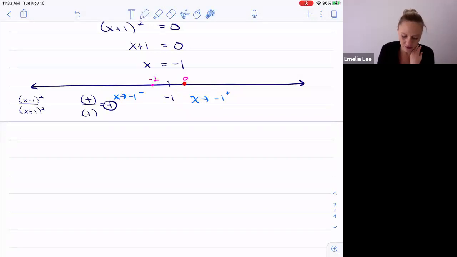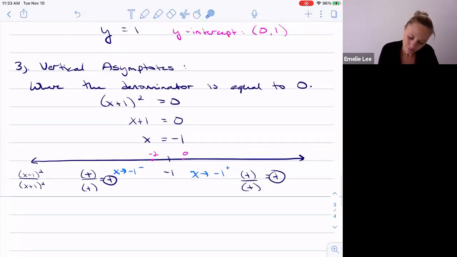Same thing over here. If I use 0, 0 minus 1 is negative, but once I square it, I get a positive, divided by 0 plus 1, which is positive. Positive squared is also positive. So I get a positive overall. I'm just trying to squeeze it in on the same page here.